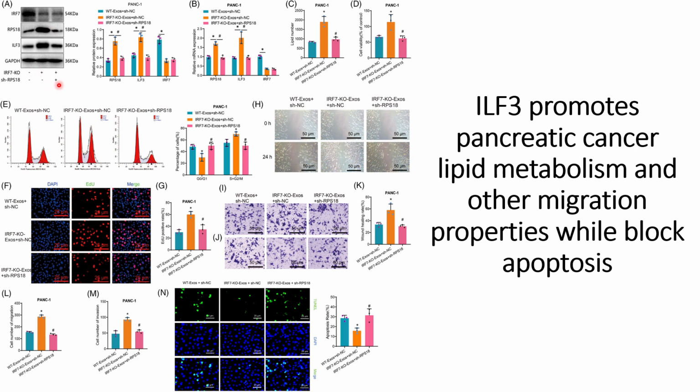And when they use the RPS18 knockout, they see the reduction in RPS18, and the IRF7 is also reduced. Simultaneously ILF3 is also reduced compared to the second case, and these things are quantified in the right hand side bar plot, where we can see that RPS18 is highest when the IRF7 knockdown and control interfering RNA are used.